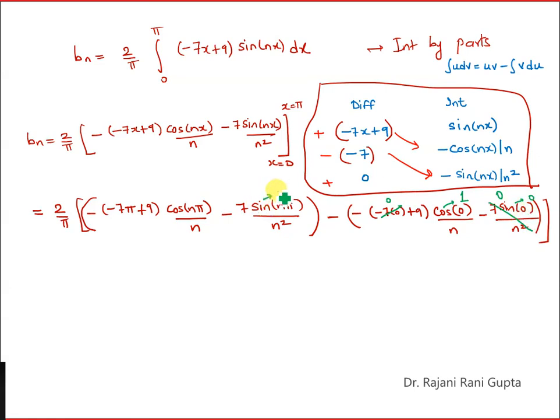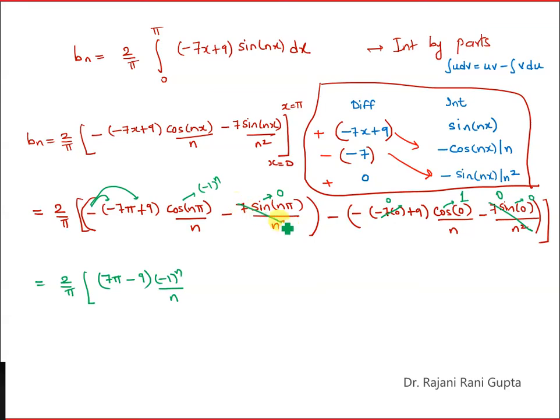We know that sine(n pi) is 0 and cos(n pi) is minus 1 to the power n. So let's rewrite it, taking this minus sign inside. It gives 2 over pi: minus minus becomes plus 7 pi, plus minus becomes minus 9, then the bracket stays the same, minus 1 to the power n over n.